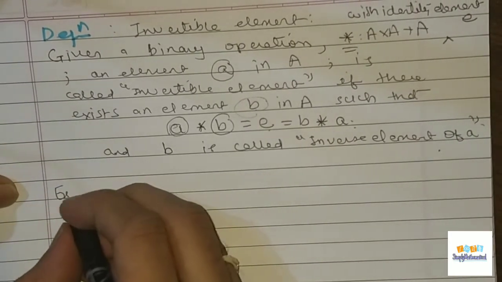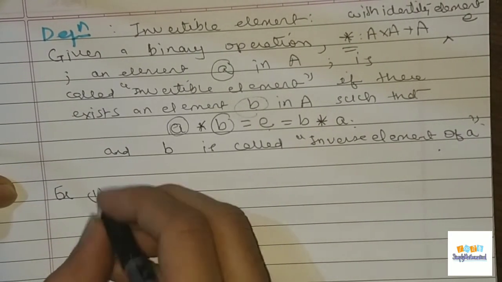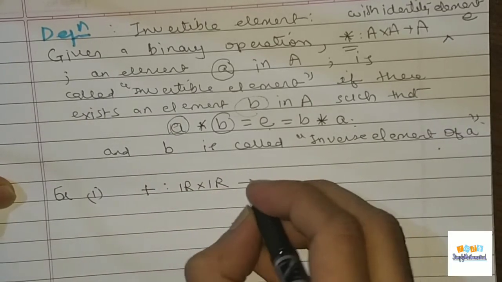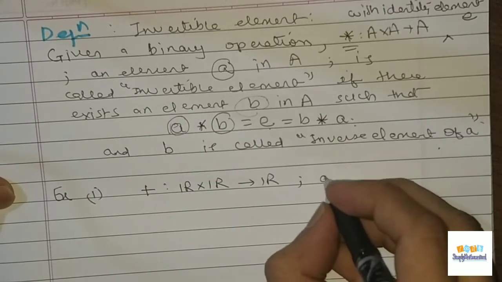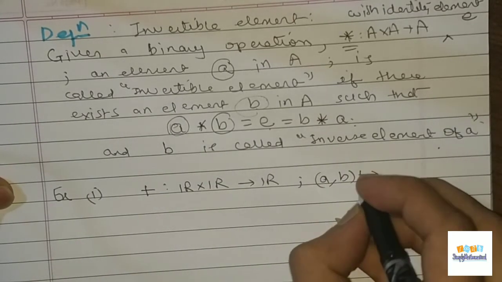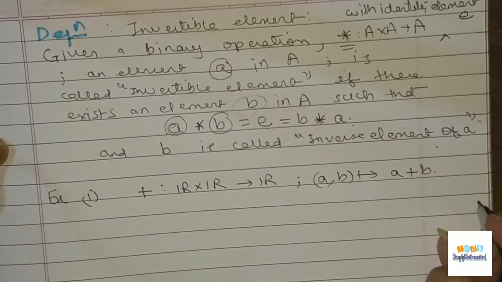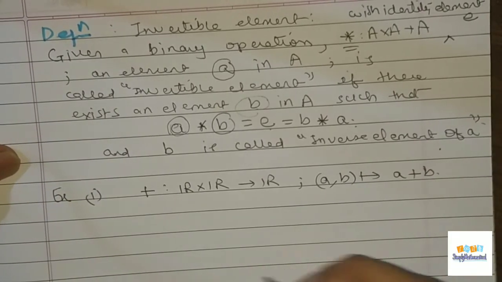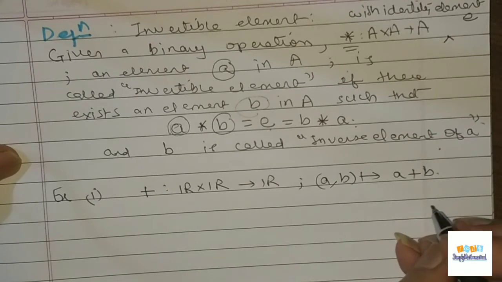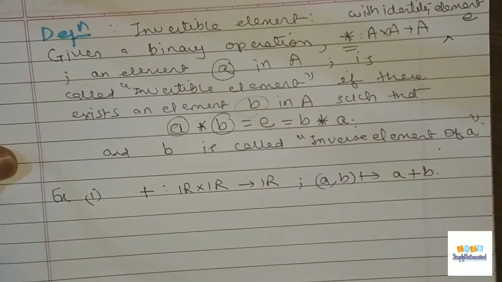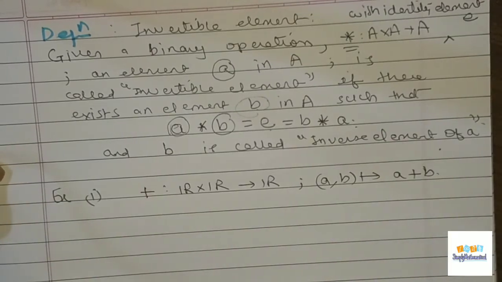Let us look at an example. Example 1, let us take addition first, from R cross R to R defined by A comma B going to A plus B. Now we have to find the inverse element for an element. The inverse element is for only one element, it is not for any A. So you are talking about an invertible element for an element.